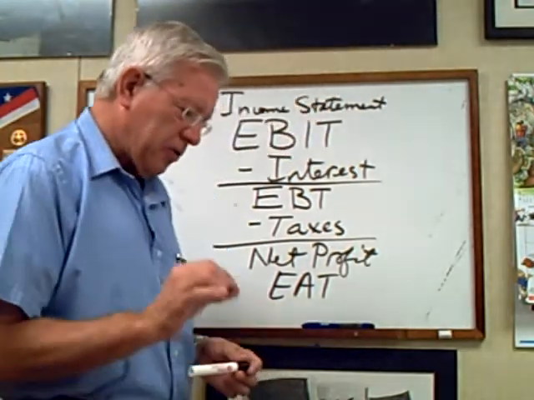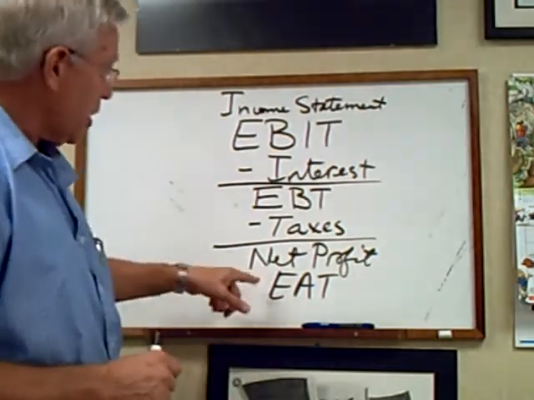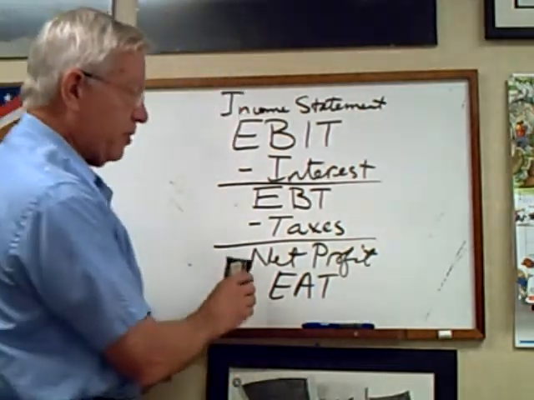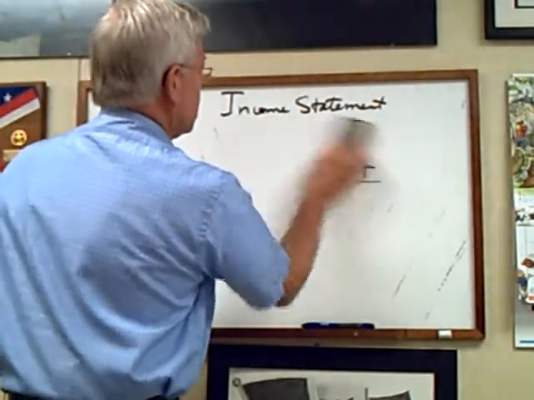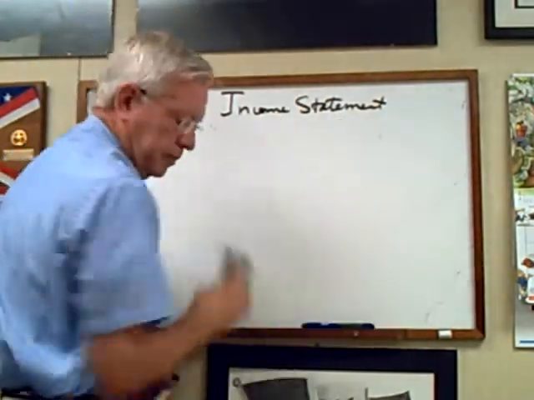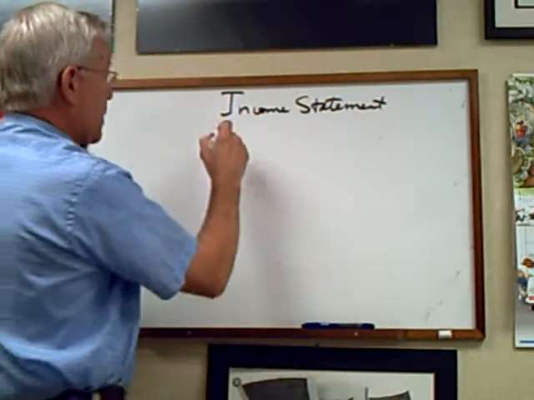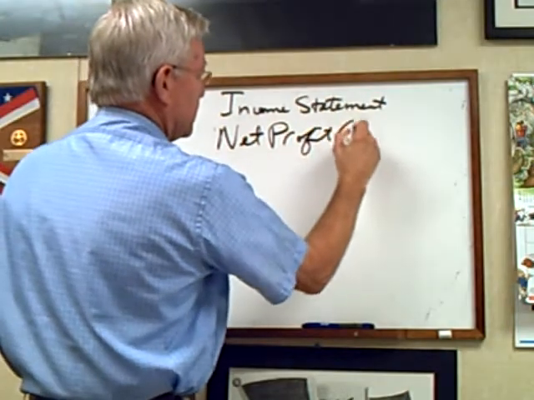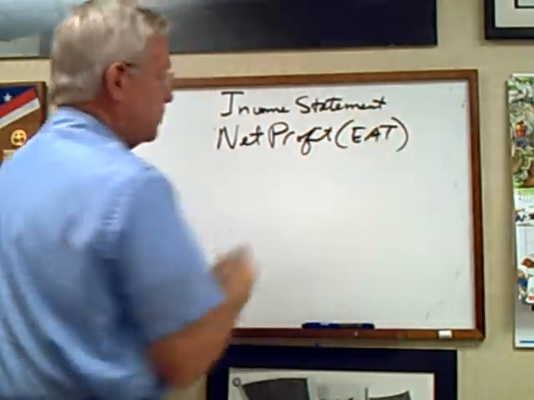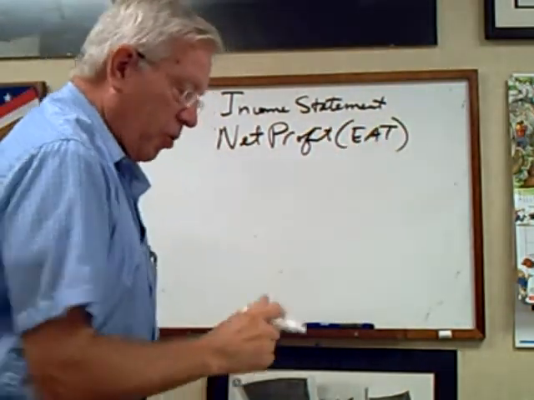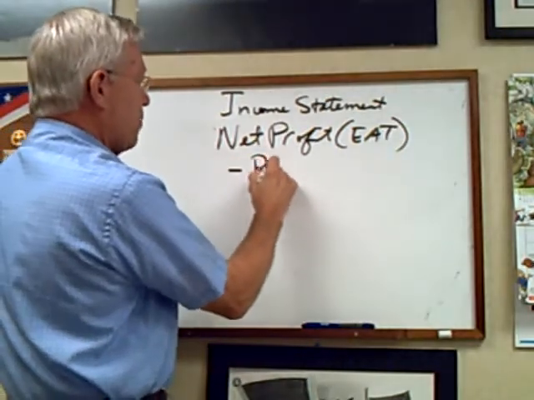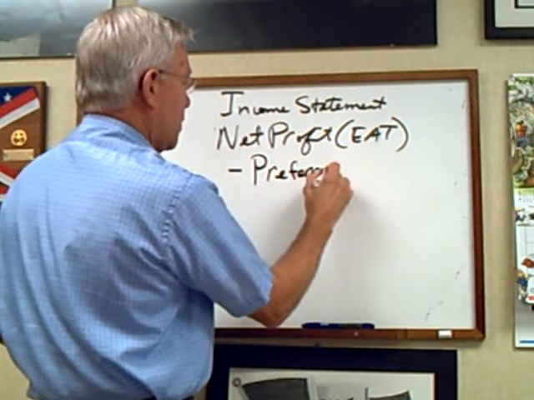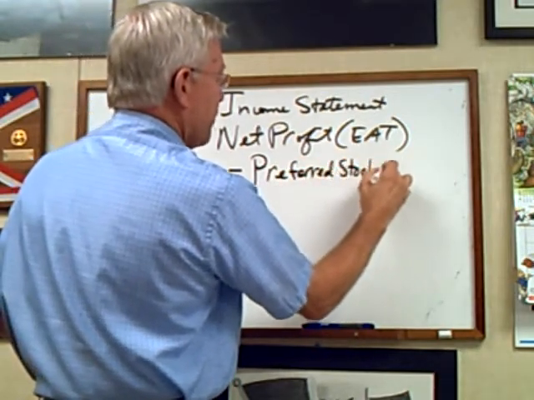After we get to the bottom line, after we get to our earnings after taxes, we need to distribute that net profit to the owners of the firm. So, net profit, or EAT, is then distributed. First, we're going to have to pay our preferred stockholder dividends.